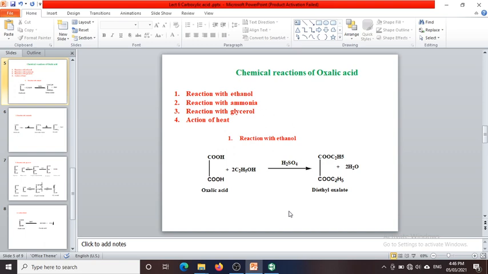When esterification means what? When carboxylic acid containing compound react with alcohol. This is ROH. Now to form ester, that is RCOOR. RCOOR. Esterification.